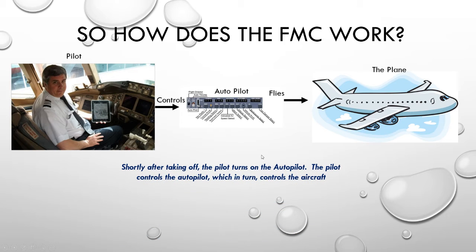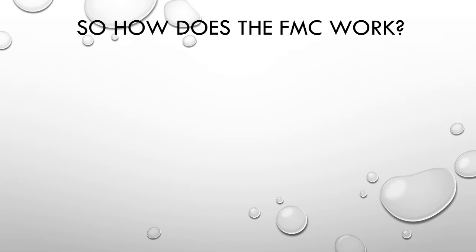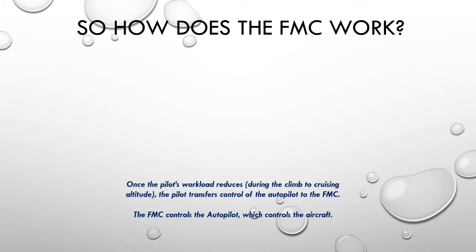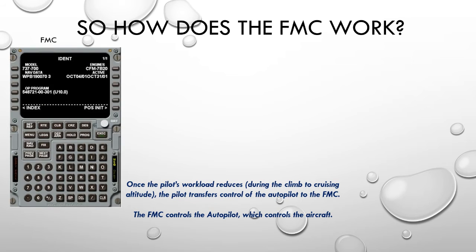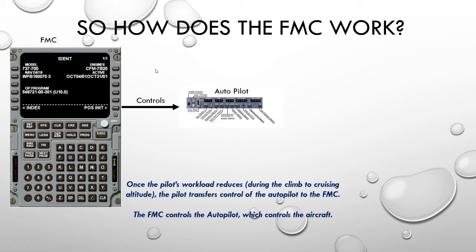This usually occurs, I don't know, a minute and a half after taking off, when the pilot takes off from the runway and enters into the SID, or the departure procedures. And after he's leaving the airport area, getting his way up into cruise climb, the pilot turns over control from himself to the flight management computer, and the flight management computer controls the autopilot, which controls the airplane.